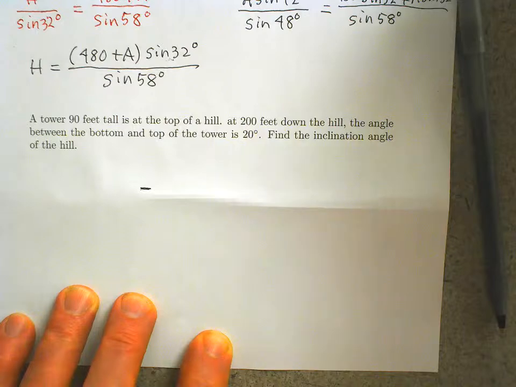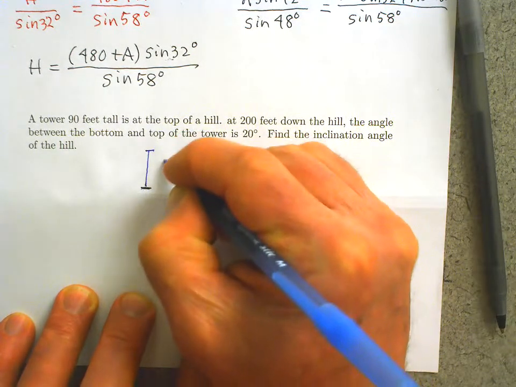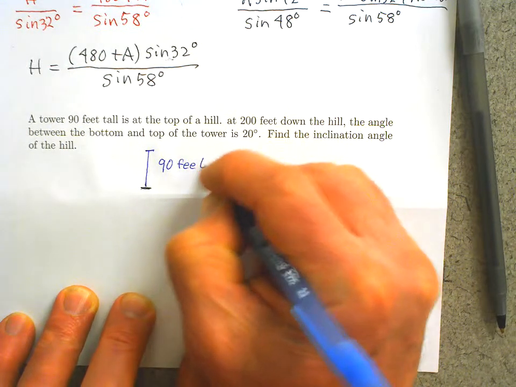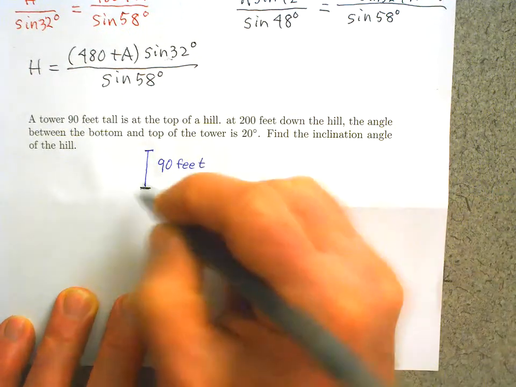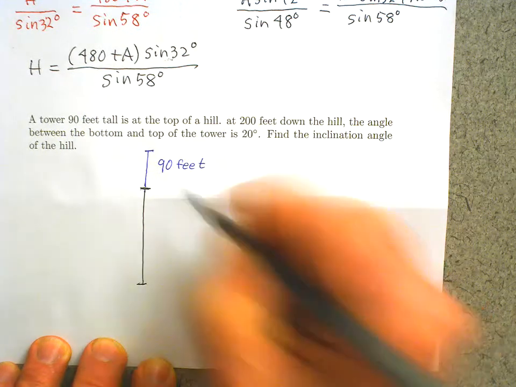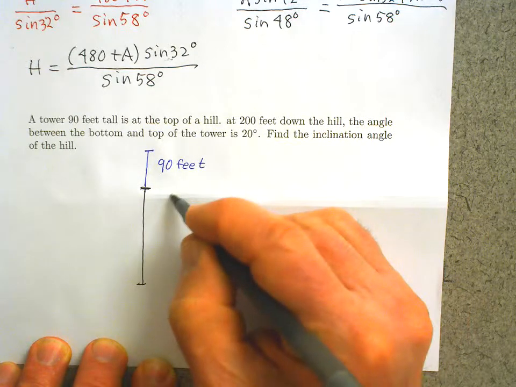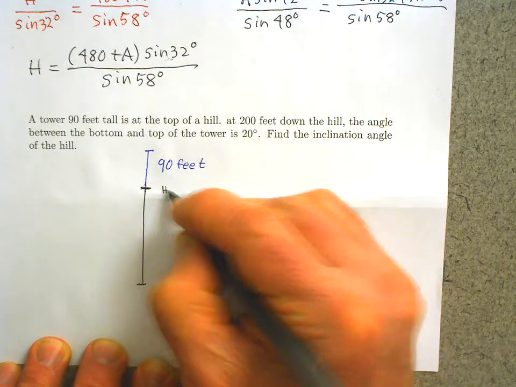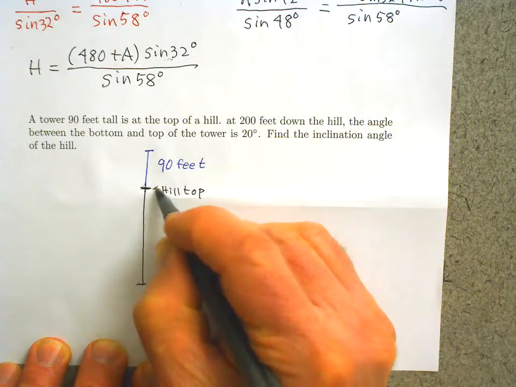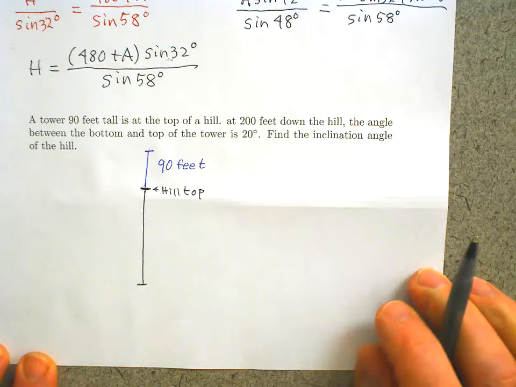We have a tower that's 90 feet tall. So this is the height of the hill. So this is the hilltop right here, and then the 90-foot tower on top of the hill.